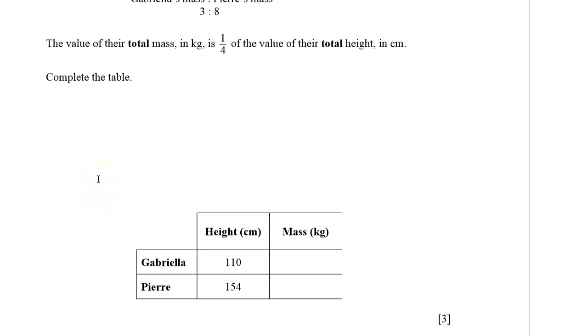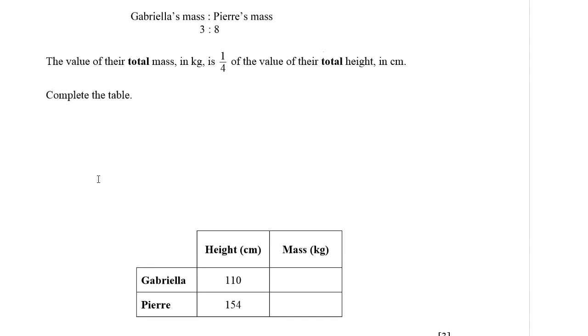So we want to find Gabriela's mass and Pierre's mass. Total height is equal to 110 plus 154. This gives us 264.